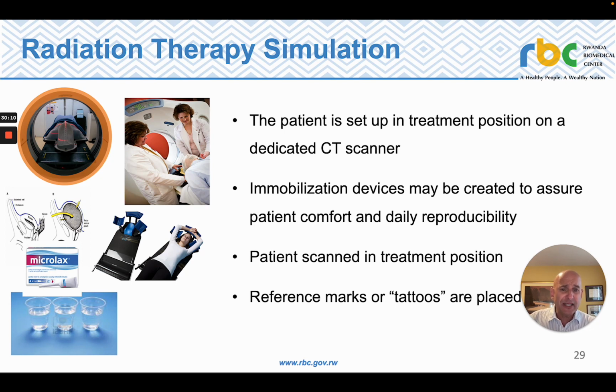Patients are then scanned in the treatment position, in the exact same position that they'll be treated in every day with their external beam treatment. And then patients are usually marked or tattooed so they can help set the patient up in an exactly reproducible way every treatment.